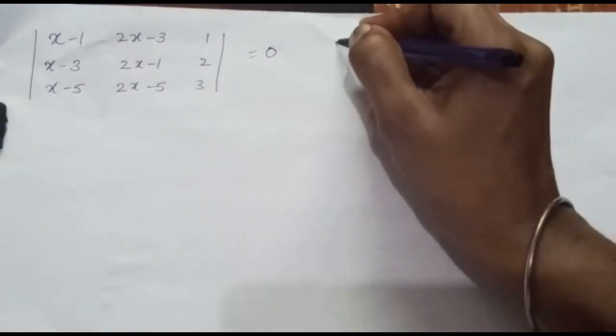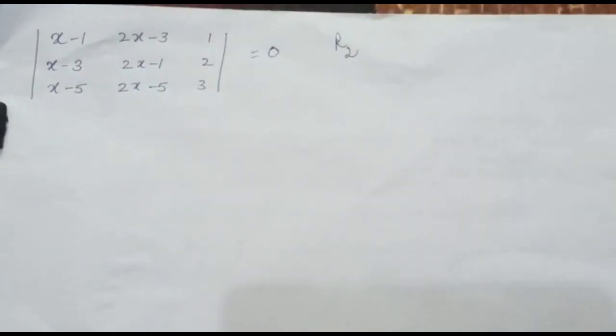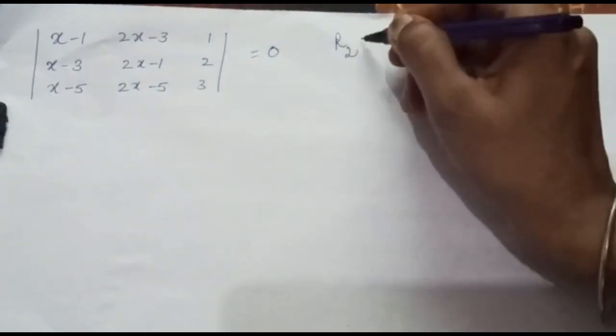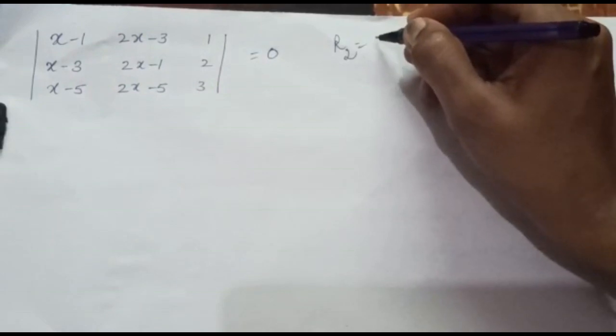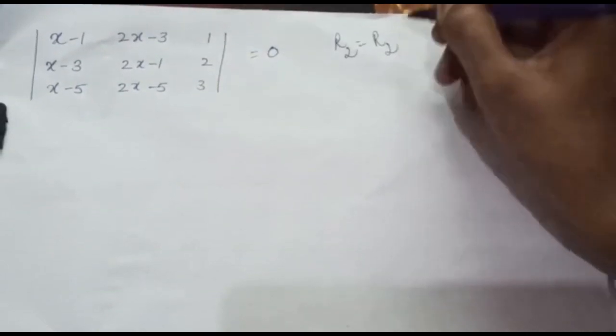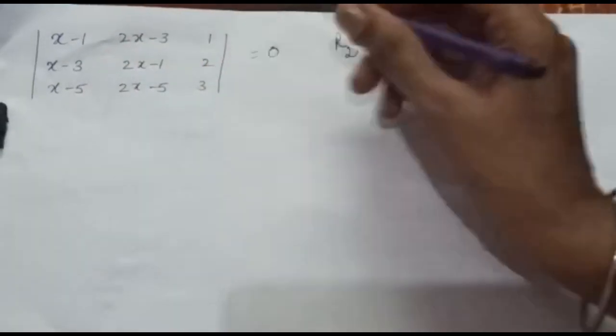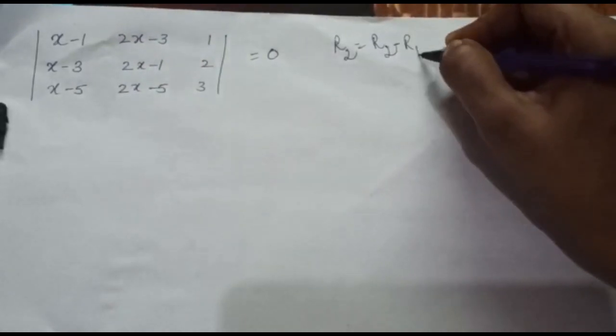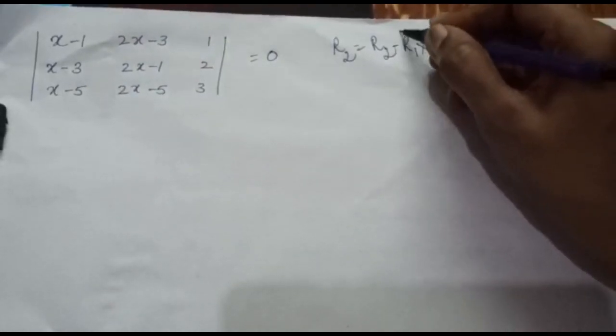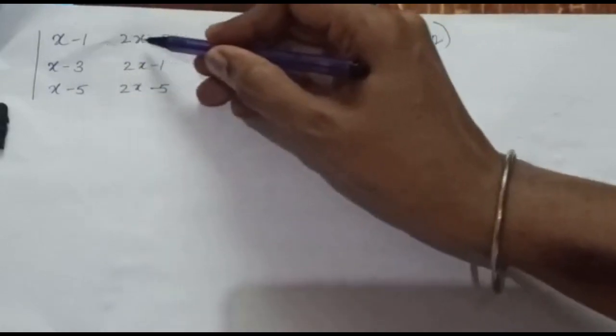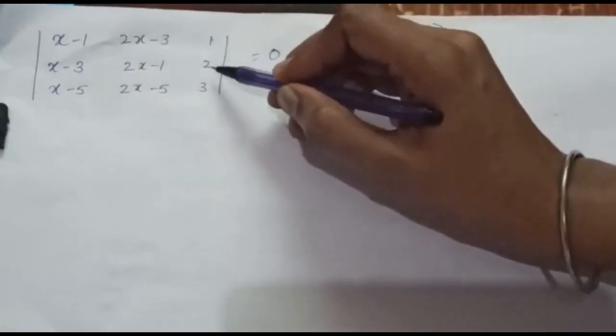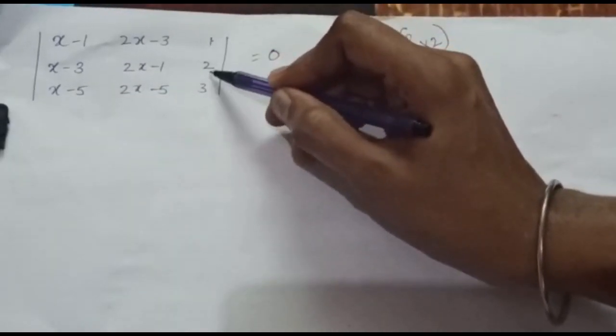So the first elementary operation I am going to apply is on row number 2. So what changes am I going to make? I will be taking row number 2, this row, minus row number 1 multiplied by 2. If I multiply my row number 1 with 2 and subtract it from it, it is going to be 0.